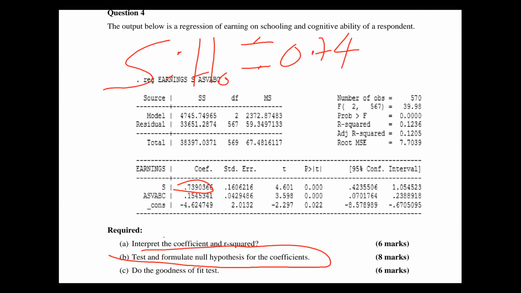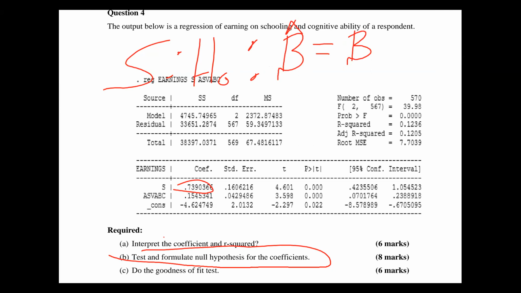You understand, right? Let me rephrase it. The H naught, the null hypothesis, is that this beta hat, the estimated beta, is equal to the coefficient beta.